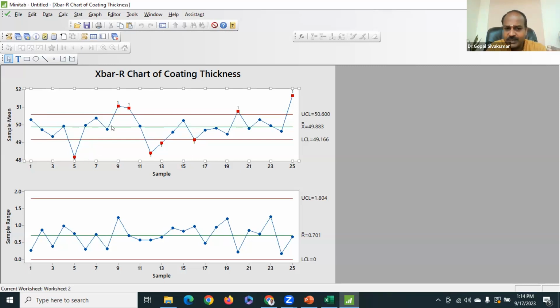Now there are several red color points. 1, 2, 3, 4, 5, 6, 7 red color points. Tell me, when will you react if you are running this process? Will you react by seeing the first red color point? No. Or will you react after seeing the second red color point? No, first. No, the third. Third one. Why third? Why not the 1 and 2?